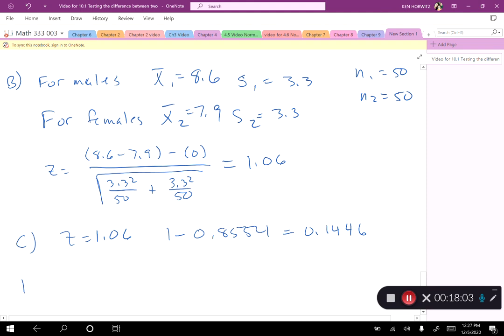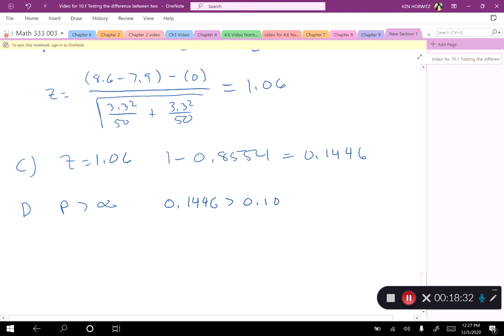And what I notice when I make my decision is that my p-value is greater than my alpha. 0.1446 is greater than 0.10. Therefore, it's not in the rejection zone. It's outside the rejection zone. So my decision is that I do not reject my null hypothesis.